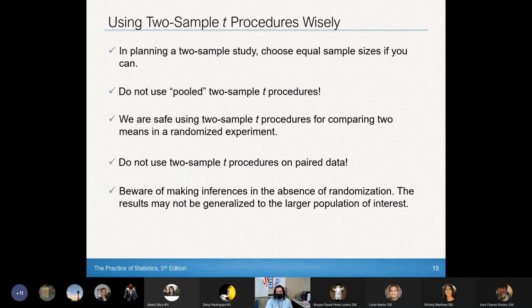Right? Because that's the absence of randomization, when we were not allowed to randomly select the people participating. We just had to take who showed up. Which could have some sort of bias, and that's a whole other thing we could discuss. All right, so these are just things to take note of.